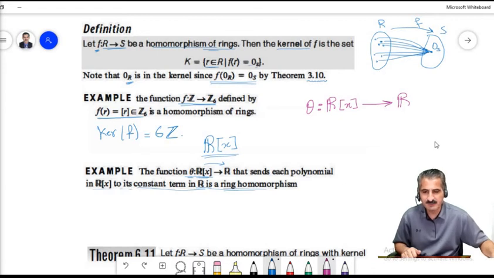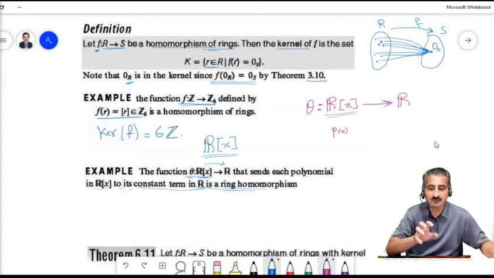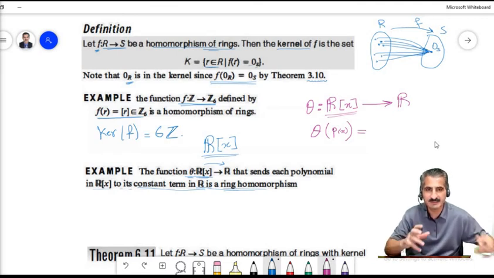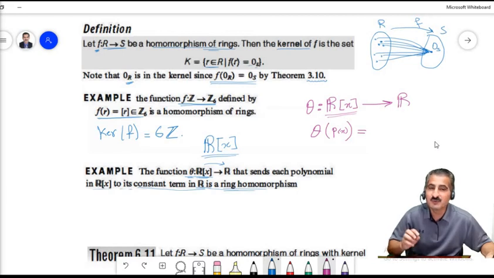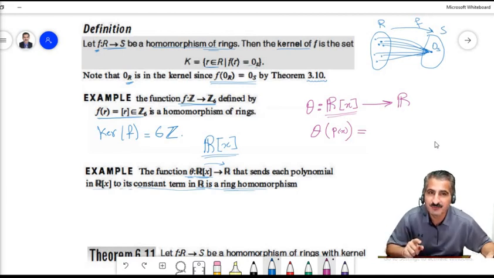Okay, so an element of the domain, a polynomial, I may represent it by p of x. So this is the input of theta. What does theta do for a polynomial inside its parentheses? It gives you the constant term of that polynomial. But how do you obtain the constant term of a polynomial?